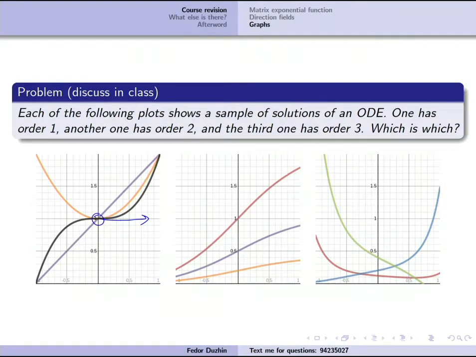So which means here the order has to be at least 3. Now, here solutions intersect, which is not consistent with order 1 because of the same thing. So which means here the order is 2, sorry. And therefore here the order is 1.